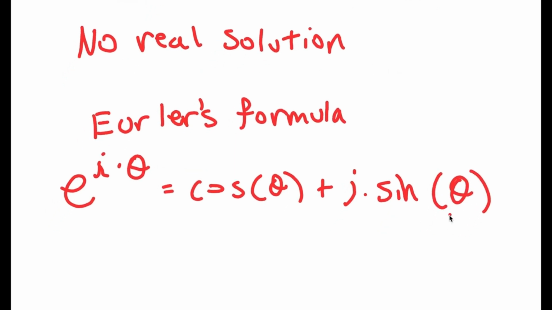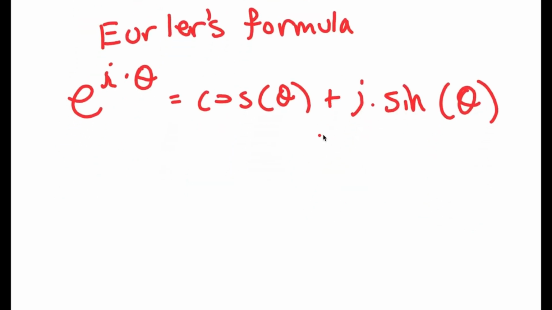And I know to many of you watching this video, this may just sound like a bunch of gibberish, but just hang on. So let's say that theta is equal to 0, right?